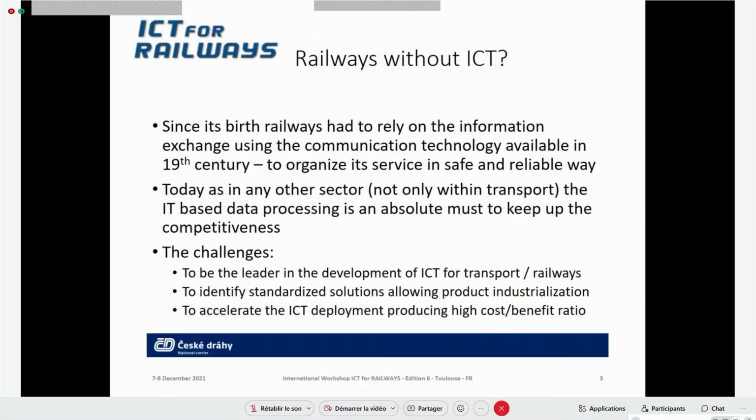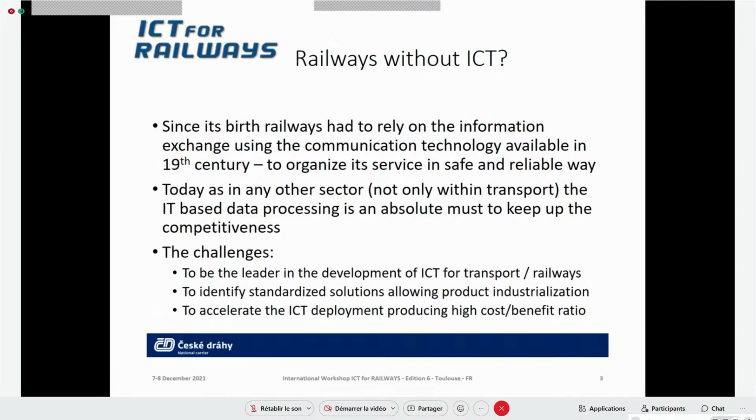So we need a good understanding of what's expected from us and what the challenges are. And the challenges are clearly, if we want to win the market back, we have to have the ICT leaders who will help us develop solutions that can bring much higher cost efficiency of the railway and much higher performance.